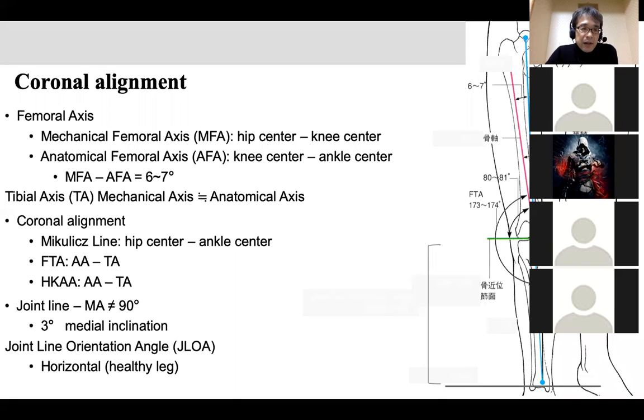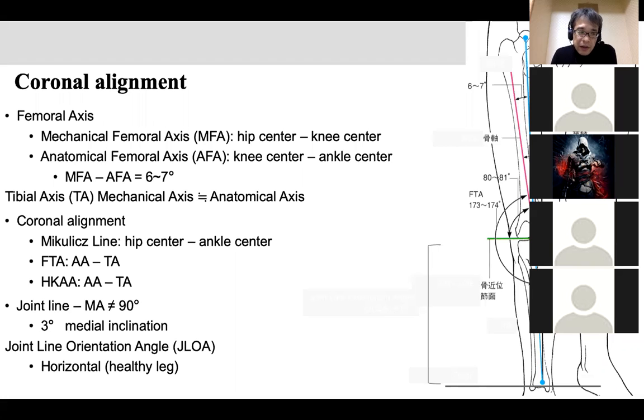On the other hand, regarding the tibial side, tibial axis, the mechanical and anatomical is virtually same, but in the patient with severe alignment, a proximal varus tibial patient, that is very frequent in Asian countries, the two lines, the anatomical axis and the mechanical axis, are slightly different.